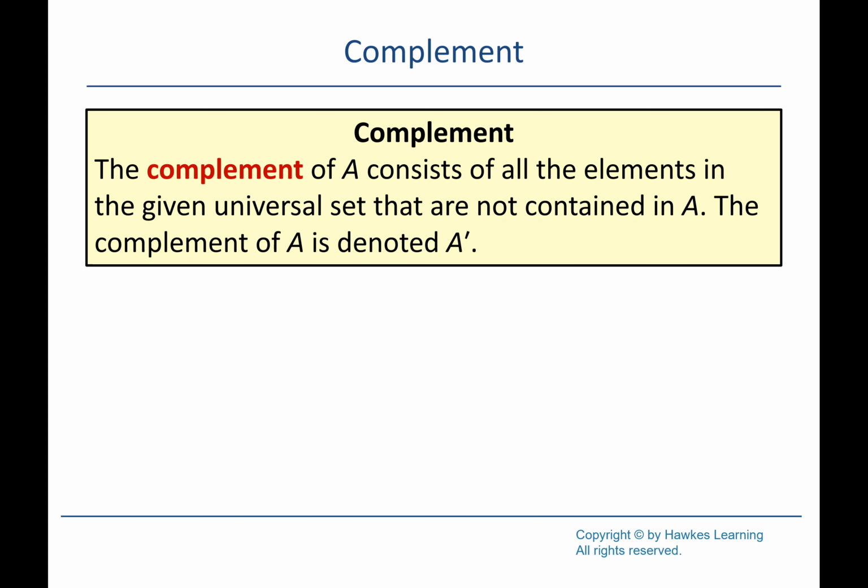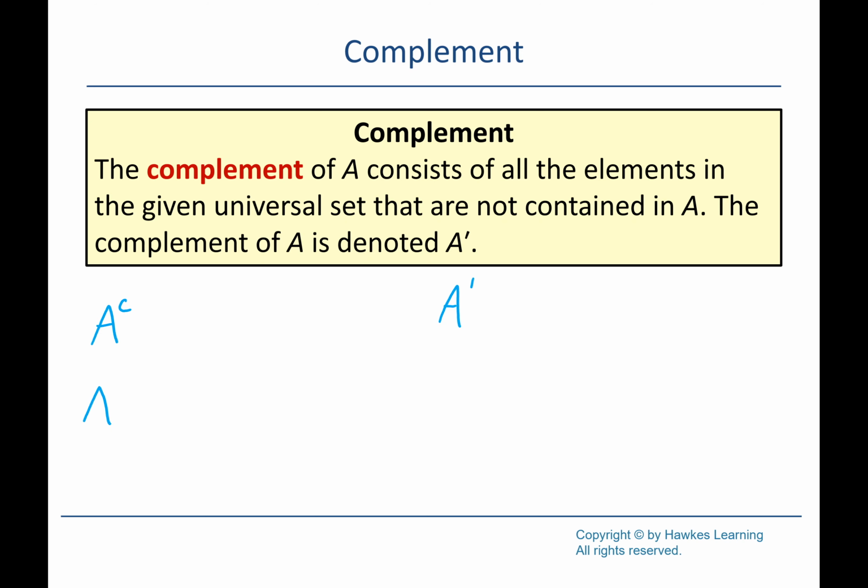And our textbook chose to go with this tick mark or like a single quote as the complement symbol. I don't know if that's the best choice. It's not very universal. Not everybody uses the same symbol for complement. So just so you're aware, sometimes you'll see a superscript C. That can mean complement.